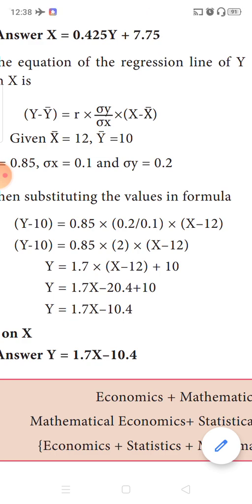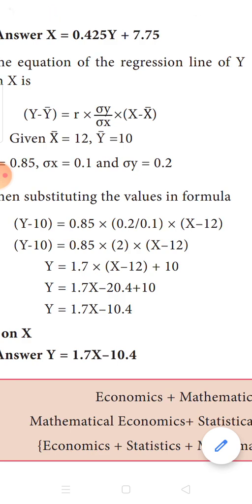Now y is equal to 1.7x. When you simplify minus 20.4 plus 10, you have to subtract both and give the symbol of the biggest number. Here, out of these two, the biggest number is 20.4, so you write minus 10.4. 20.4 minus 10 is 10.4, but the biggest number carries the minus symbol, so minus has to be written there.